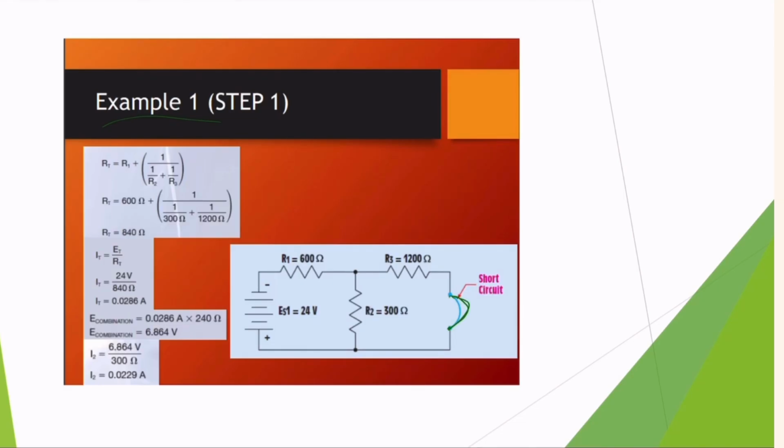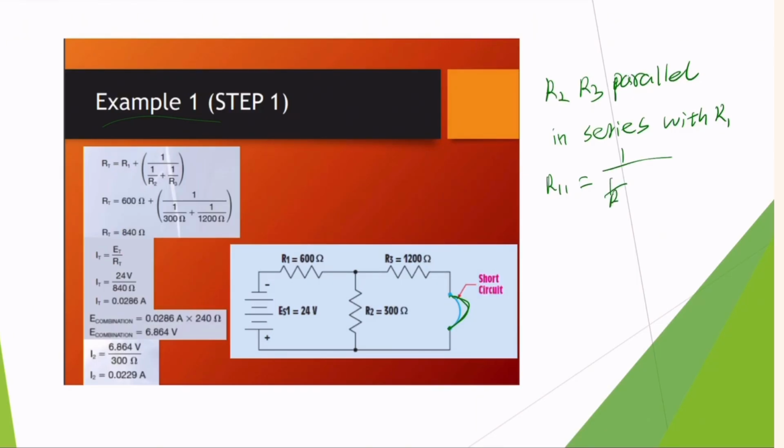Now we have a combination circuit, which is R2, R3 in parallel, and then in series with R1. So for the parallel part, our parallel resistance will be 1 over R2 plus 1 over R3.